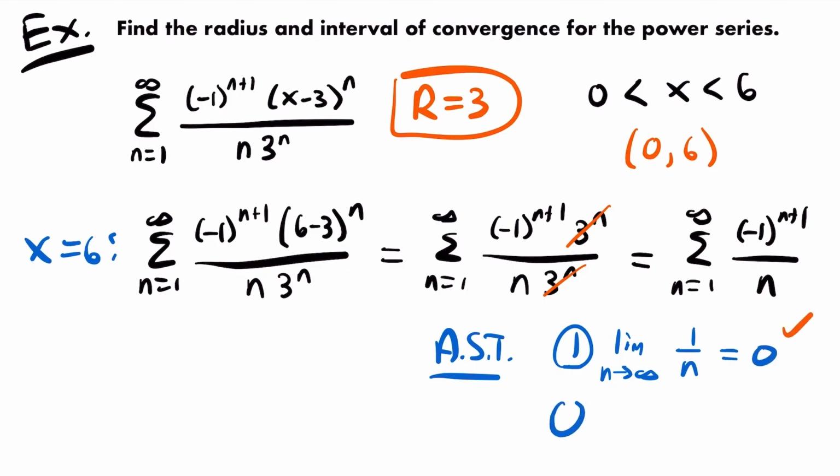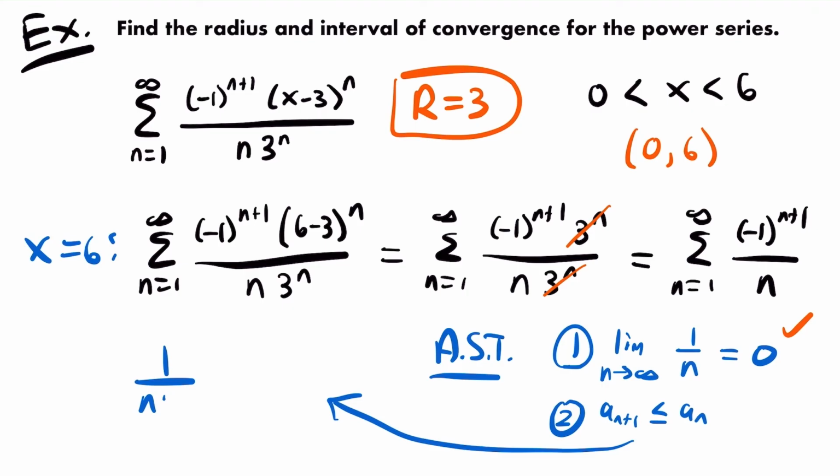And then we need to check the second requirement, which is that our sequence is decreasing. In other words, a sub n plus 1 needs to be less than or equal to a sub n. The next term of the sequence needs to be less than or equal to the previous term. And so I'm going to check that over here. A sub n plus 1 will be 1 divided by n plus 1, and a sub n is 1 divided by n. All right, now comparing these two terms, 1 divided by n plus 1 is always going to have a greater denominator than 1 divided by n.